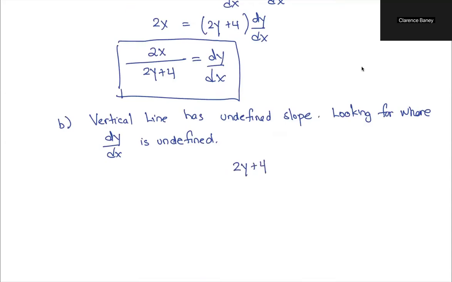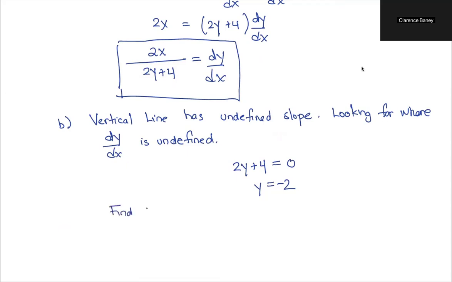So you have to take 2y plus 4 because that's the denominator of the rational expression. If you want where something is undefined, you need the denominator to be zero. So you get 2y plus 4 is equal to 0, which means y is equal to negative 2. And then you need to find x.